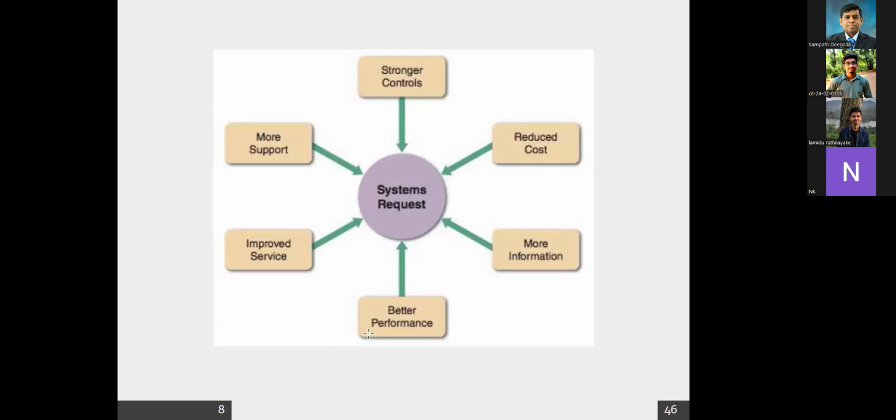Now you can see, whenever you need an information system, this request is for stronger controls, to reduce the cost, to get more information, better performance, improved service, more support. So you can see we graphically present the system requests.